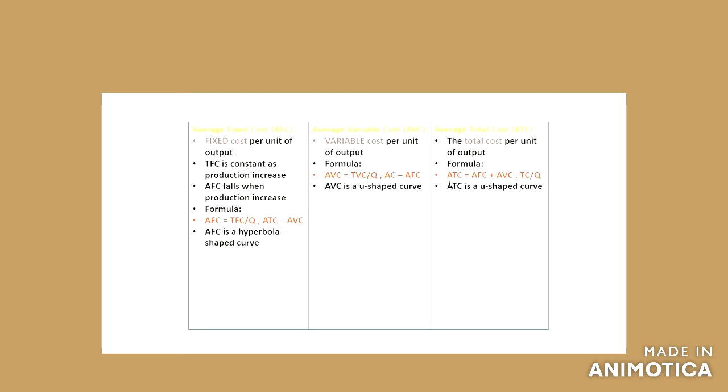And lastly is average total cost, ATC, the total cost per unit of output. The formula to get ATC is AFC, average fixed cost, plus average variable cost, or total cost divided by output. So ATC also is a U-shaped curve.